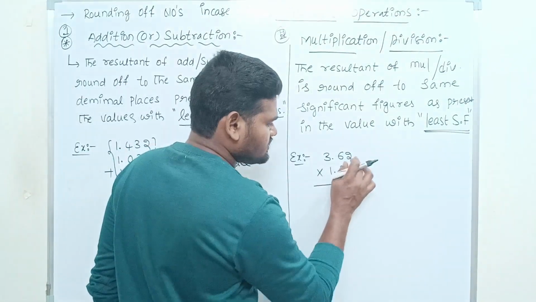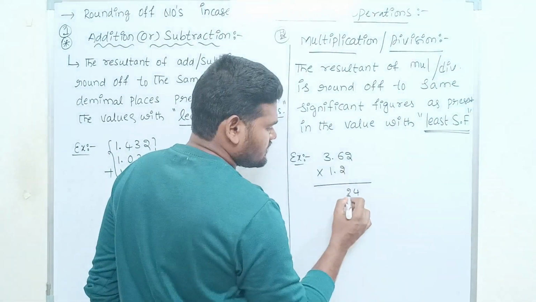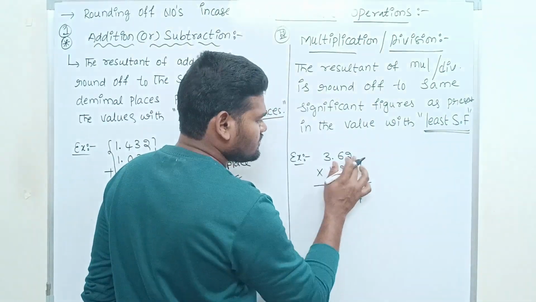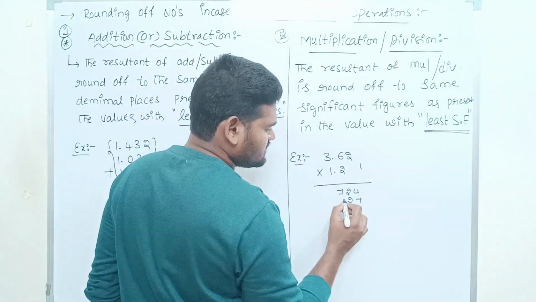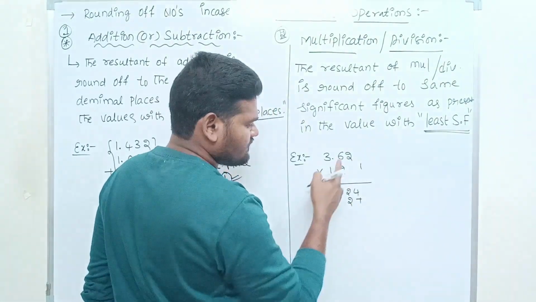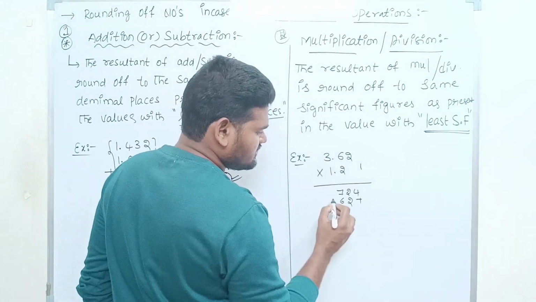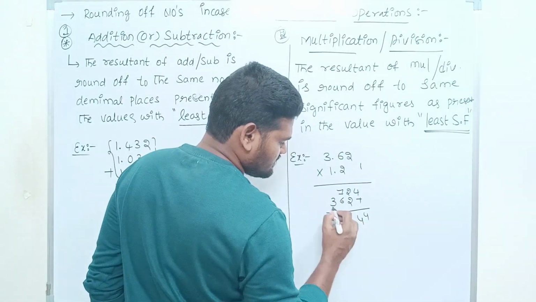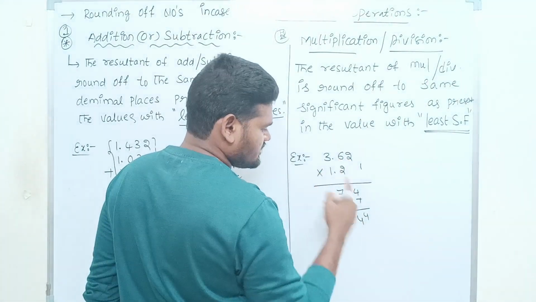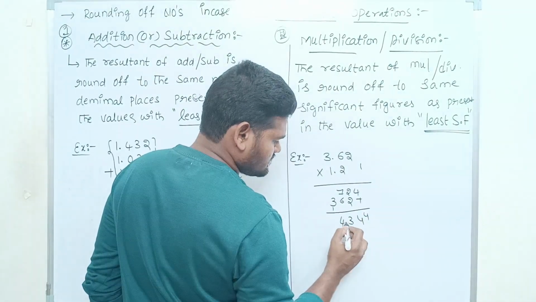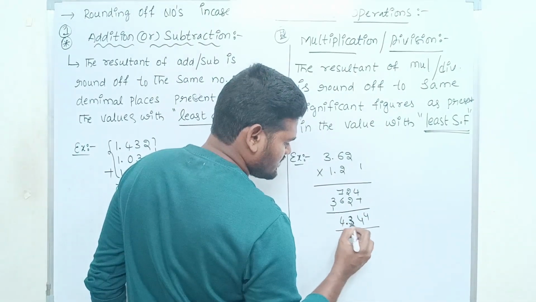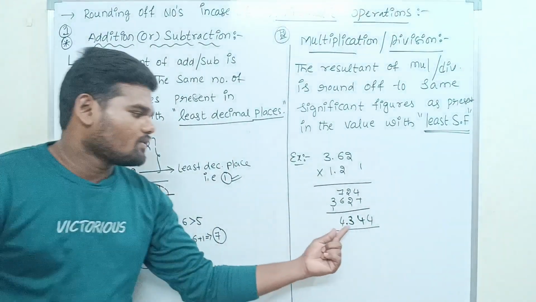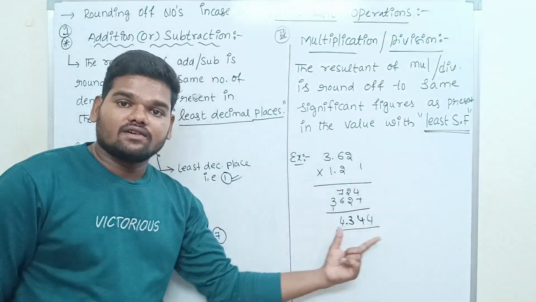So how much do we get? 2 2s are 4, 2 6s are 12, 2 3s are 6 plus 1 is 7, plus... sorry, 1 2 is 2, 1 6 is 6, 1 3 is 3. So we got 4.344.